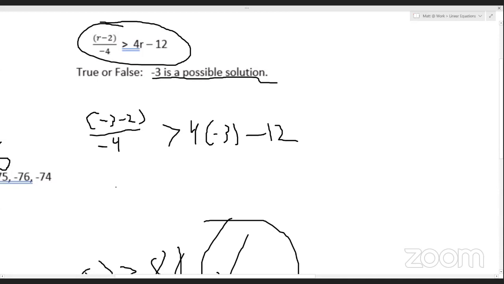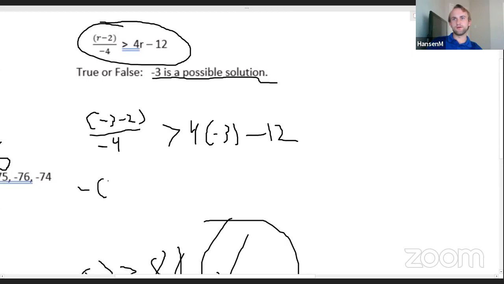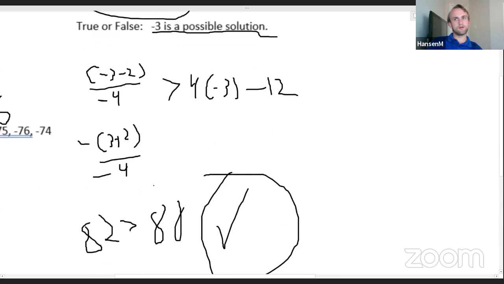I think, okay, I'll distribute. Let's see. So you mean you'd pull out the negative sign? Is that what you're referring to, where you'd do -3 plus 2 over -4? Is that what you're referring to? No.